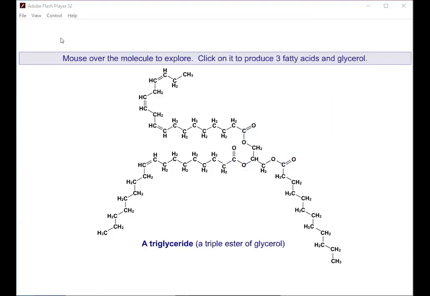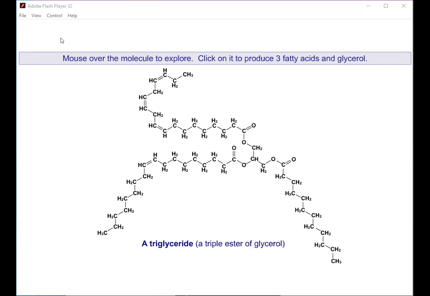I know that these molecules are more complicated. At the same time, they're also more simple because they're just carbon, hydrogen, oxygen, just more atoms bonded together. And this on the screen is a triglyceride. The triglyceride is the glycerol and the 3 fatty acids.